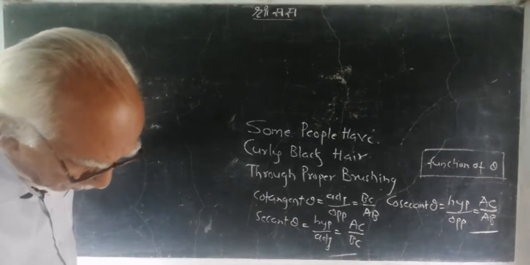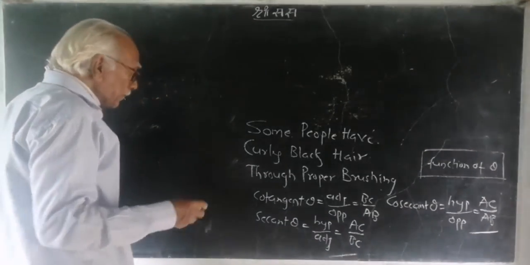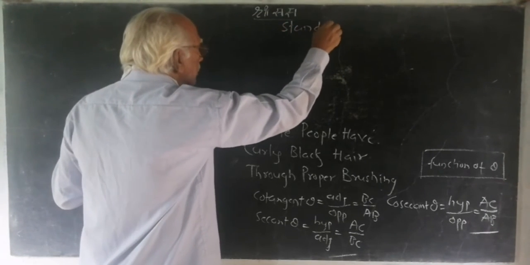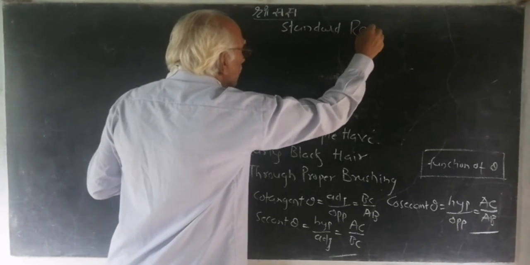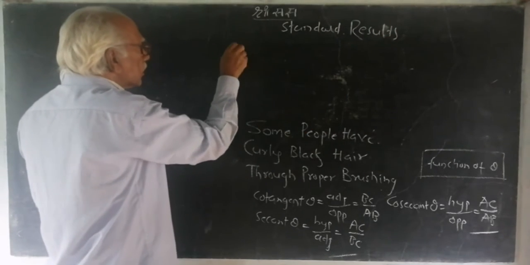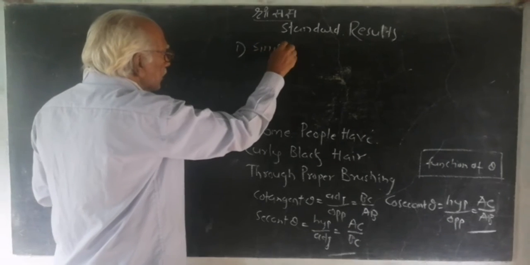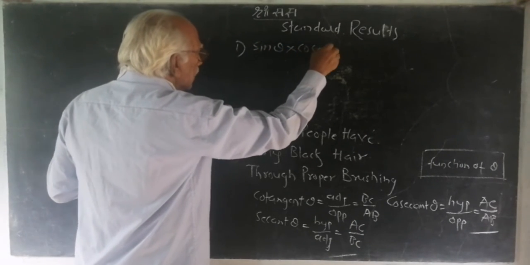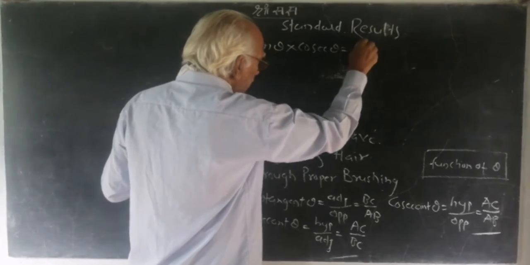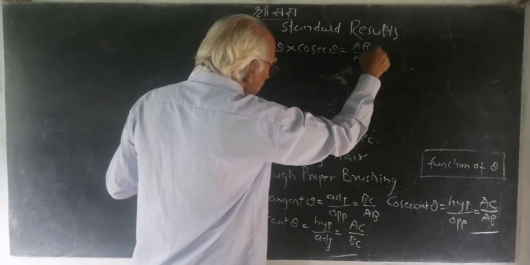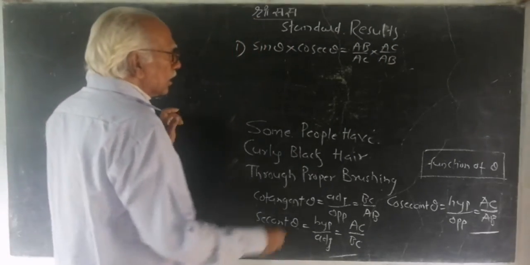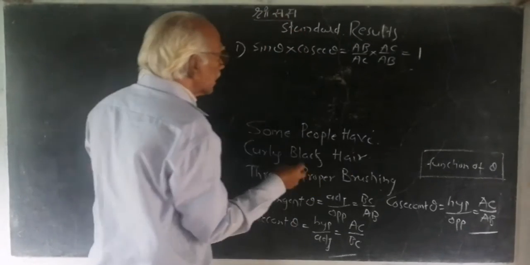So thus finally you can write down in a list. So therefore, standard results. So first one is sin theta into cosec theta is equal to AB upon AC into AC upon AB, is equal to 1.